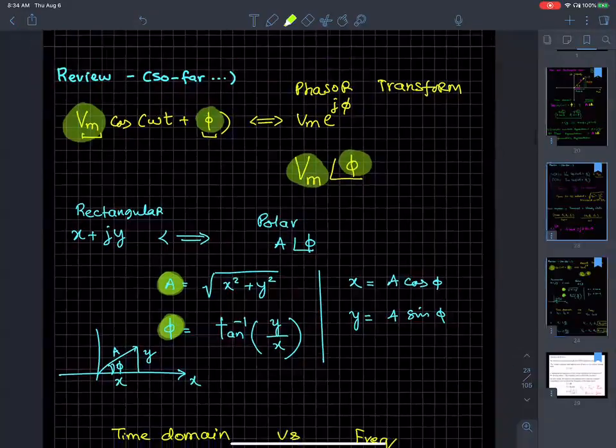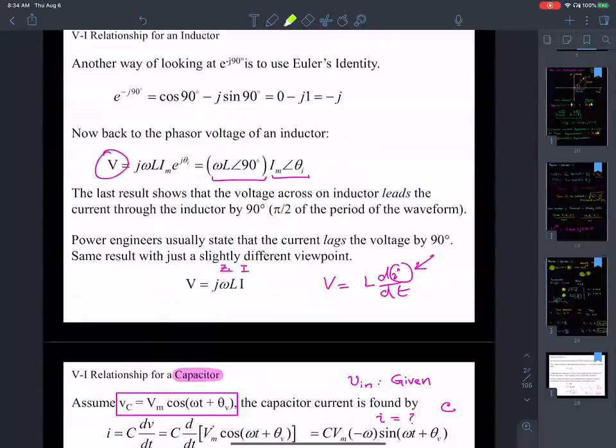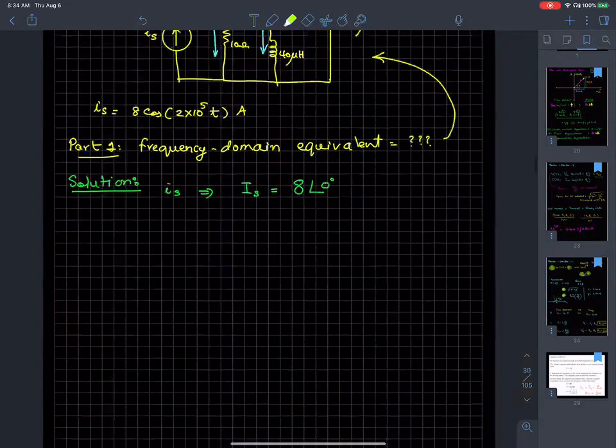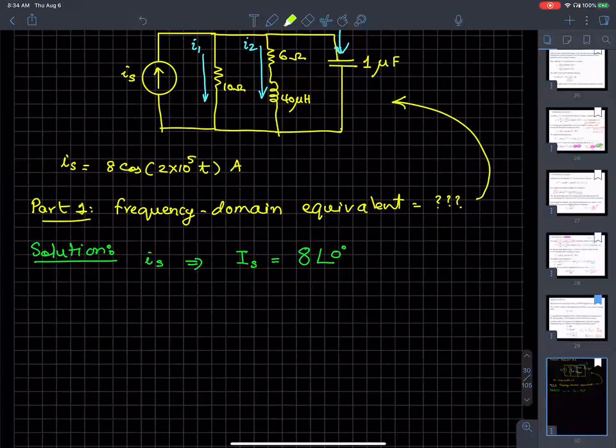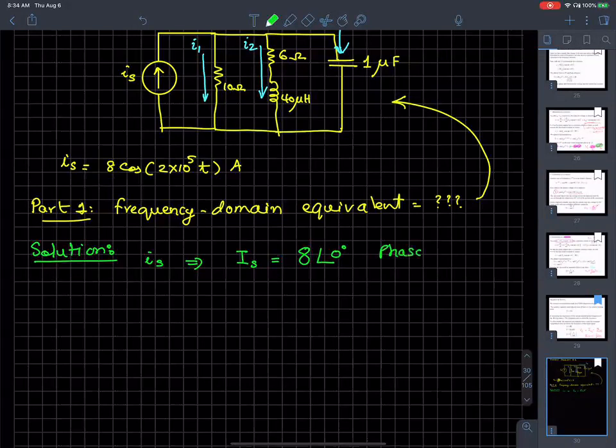So that's what I'm doing here as well. When I write the phasor transform of this current source, I'm just looking at the amplitude, which is 8, and the phase angle, which is 0. So this is the phasor form of the current source.